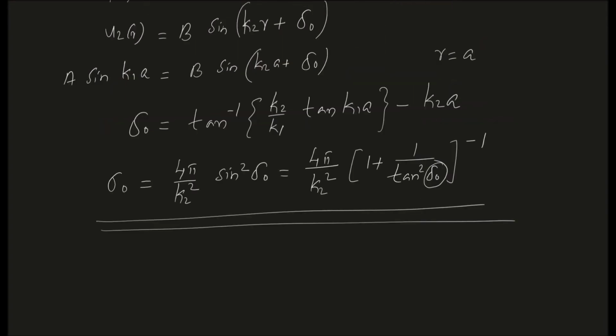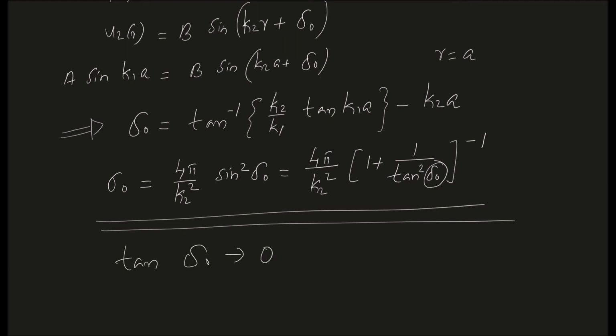Now you can see that we have an expression for delta 0, or for tan delta 0. If you take this tan to the left side, we have tan delta 0 is equal to k2 by k1 tan of k1a minus k2a. So under some special cases, this tan delta 0 can go to 0.